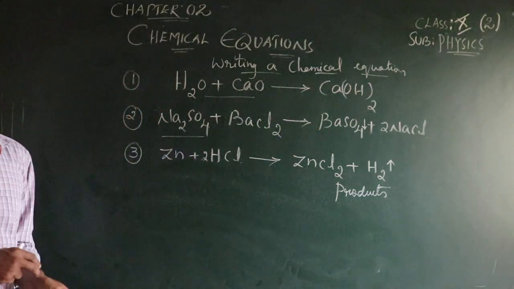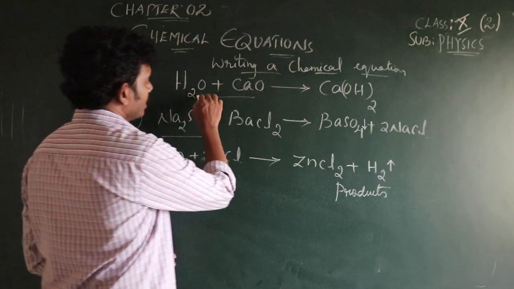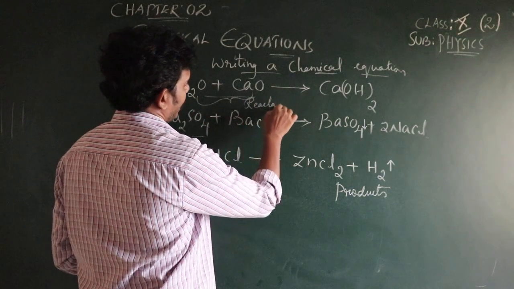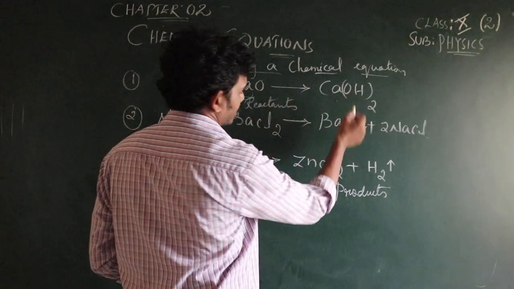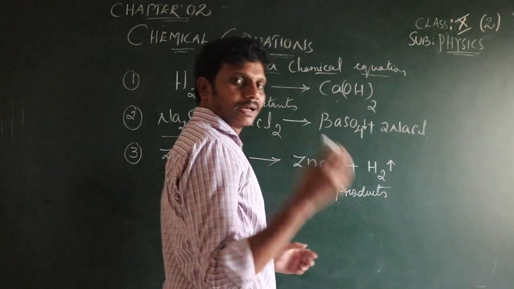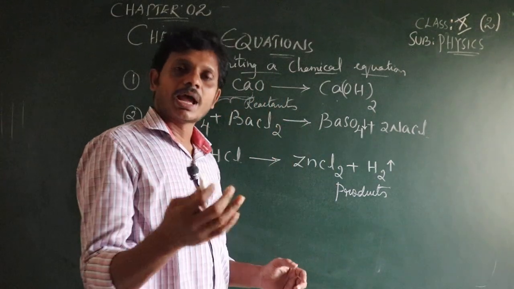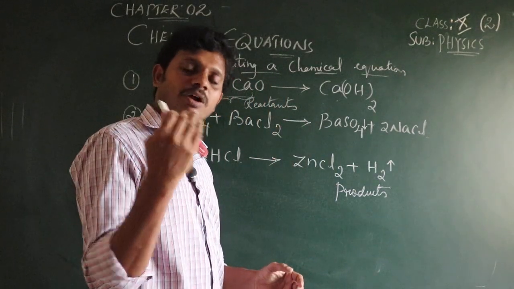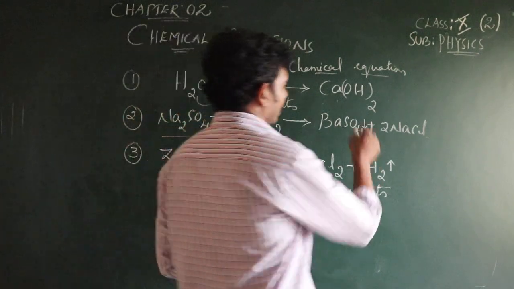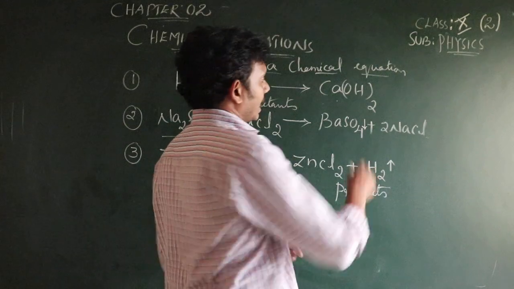We should know that also. We call these reactants. Reactants can be 1, 2 or more, and at the same time products also can be 1, 2 or more. Remember that. Here only one product is formed, calcium hydroxide.